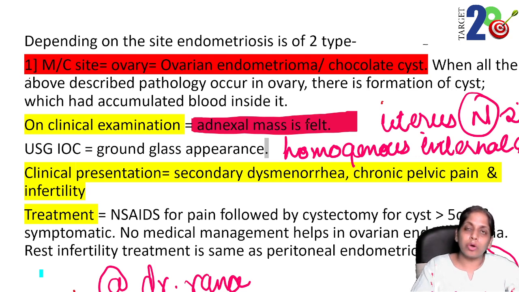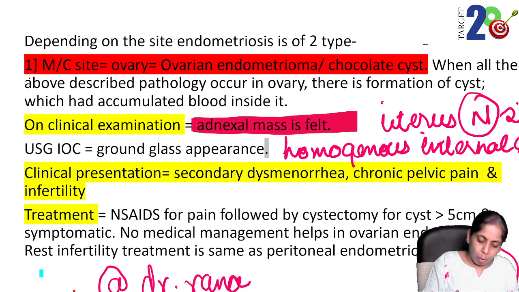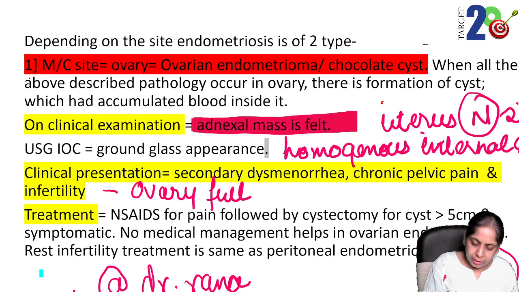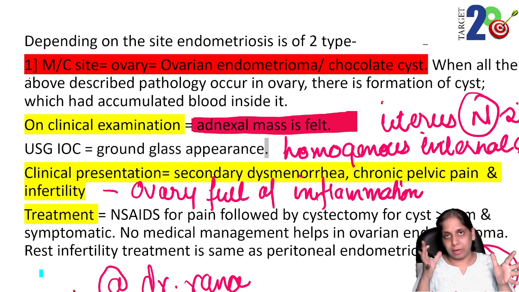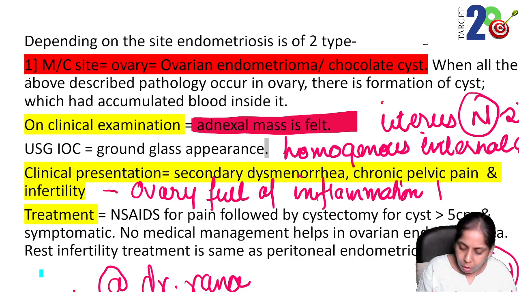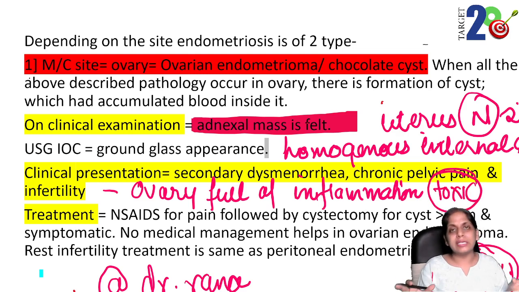There will be chronic pelvic pain, and why will there be infertility? Because now the ovary is full of inflammation, and the genetic material, the ovum which is there, is now raised in a very toxic environment, so the genetic quality will be totally lost, so there will be infertility and secondary dysmenorrhea.